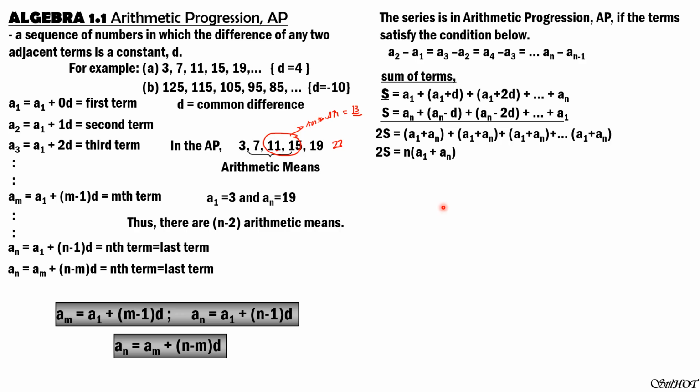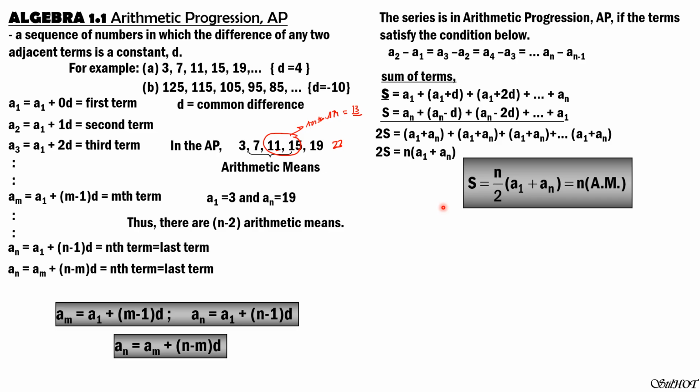So therefore, S is n times the average, or the arithmetic mean, between the first and last. So S is equal to n over 2 times the first term plus last term. If you're going to interpret this, it is the average or the arithmetic mean of the first and the last: first plus last divided by 2.